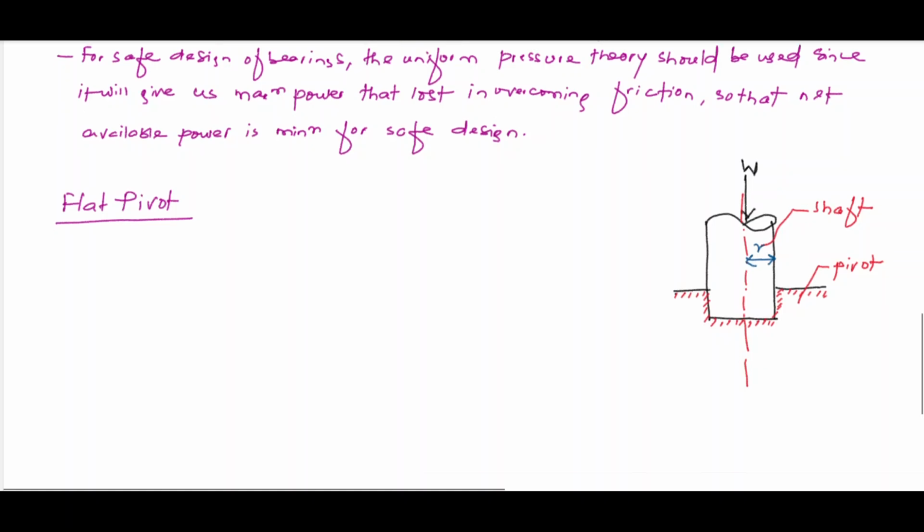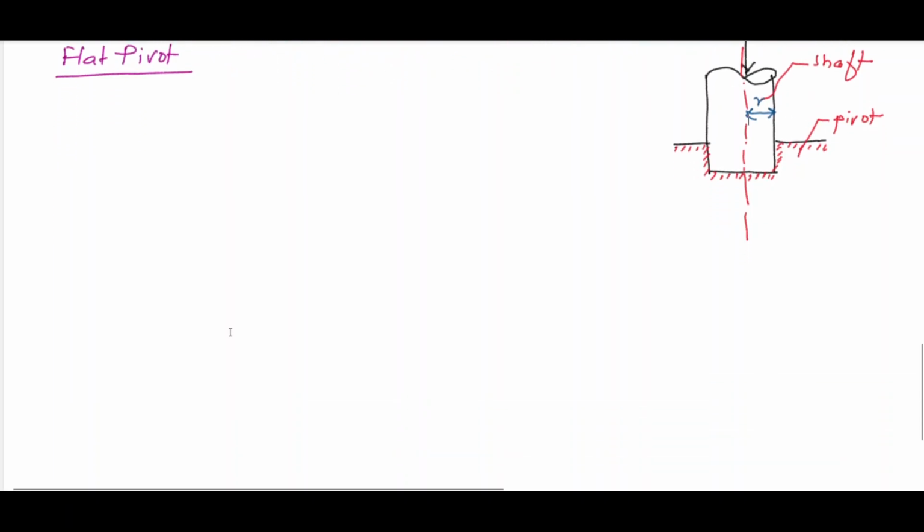Now if you draw the top view, it will be somewhat like this. Let's say the radius is r.